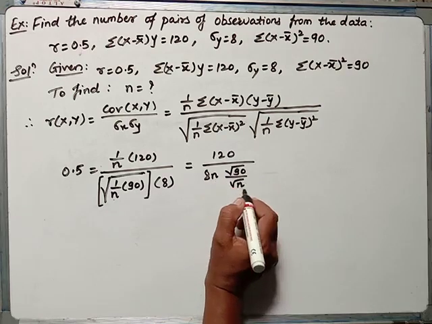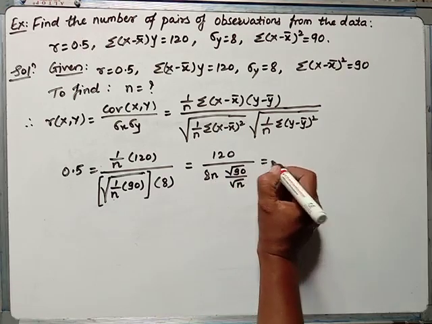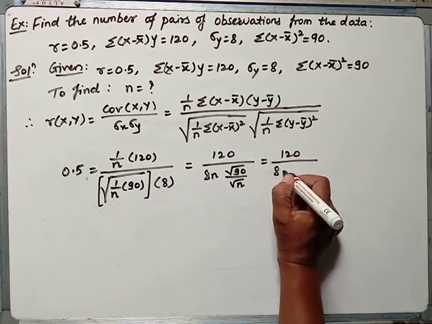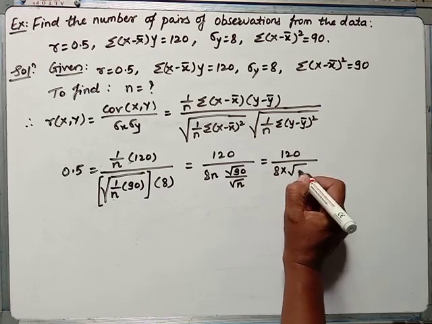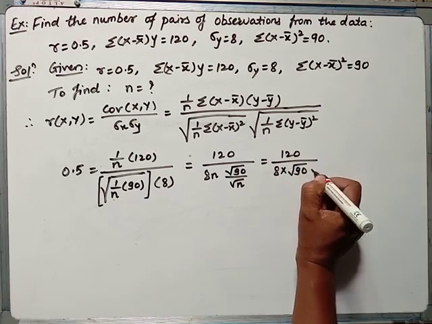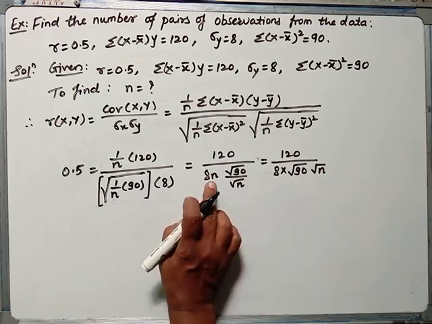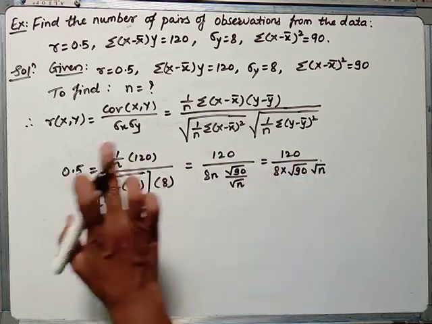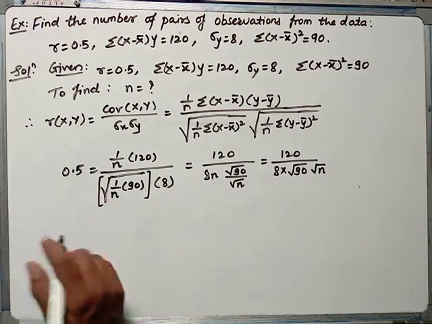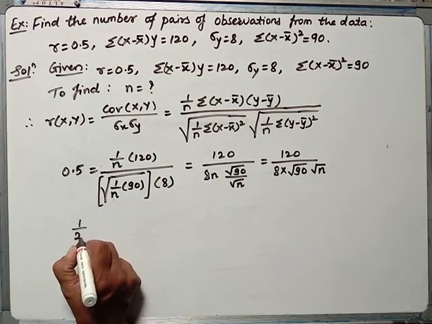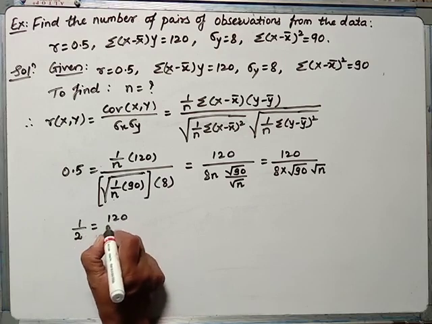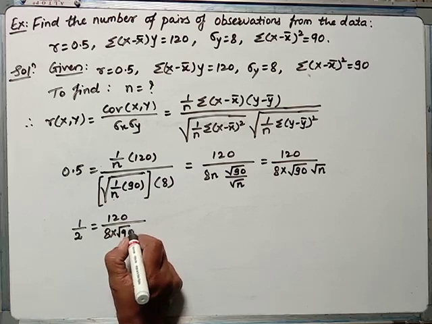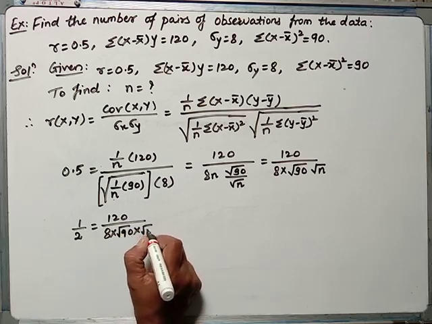So this n and this square root n, that is 120 upon 8 into square root 90 into square root n. One of the square roots gets cancelled. Now let me put this 0.5, that is half, equal to 120 upon 8 into square root 90 into square root n.